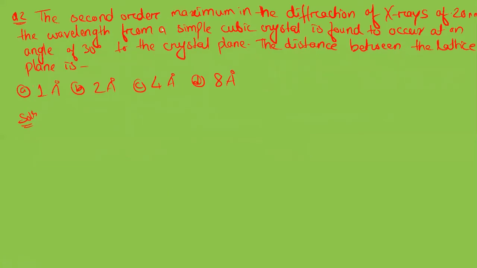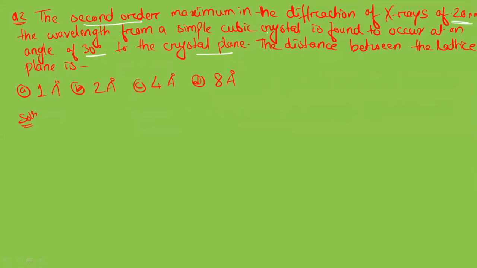Here it is said the second order maximum in the diffraction of X-rays of wavelength 0.20 nanometer from a simple cubic crystal is found to occur at an angle of 30 degrees to the crystal plane. The distance between the lattice planes is. So here the second order maximum, in the diffraction of X-rays, wavelength is given to you as 0.20 nanometer.